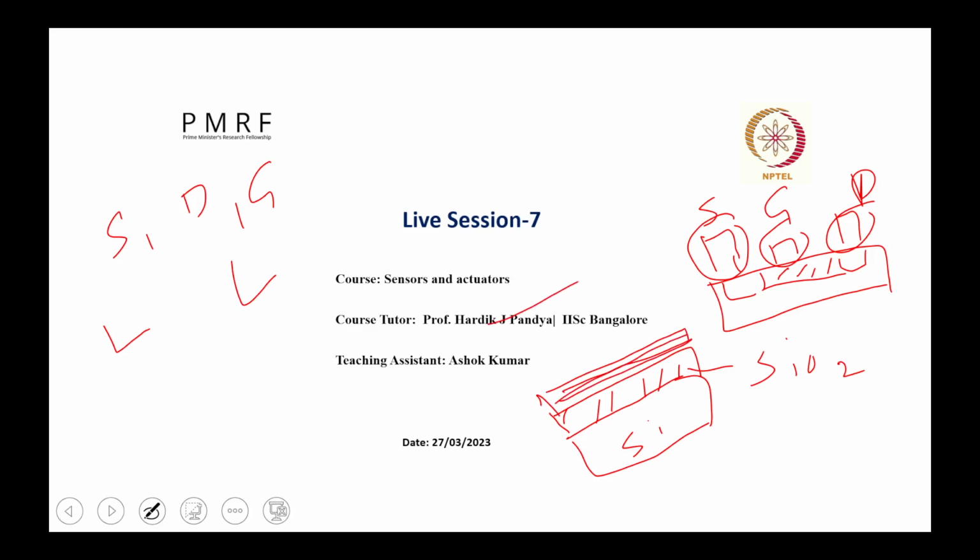Then there is a shadow mask here. Suppose this is the pattern I want to transfer. Then I will expose UV light here, and the pattern will be formed.